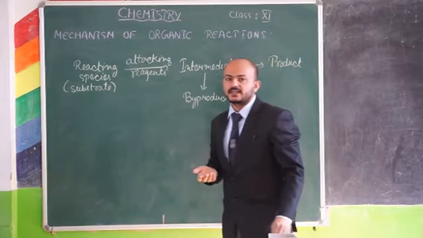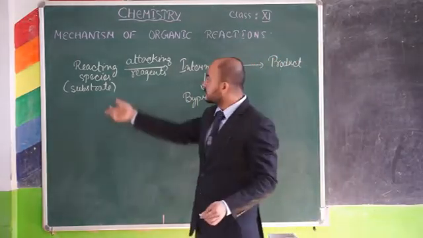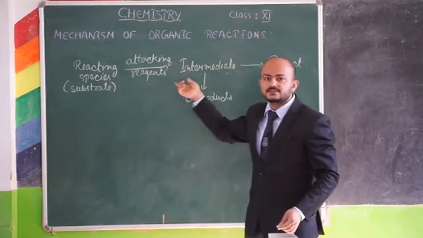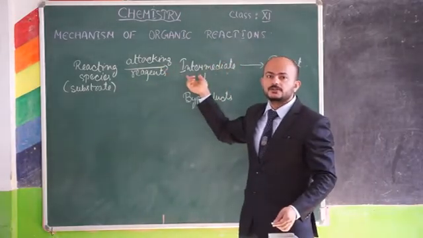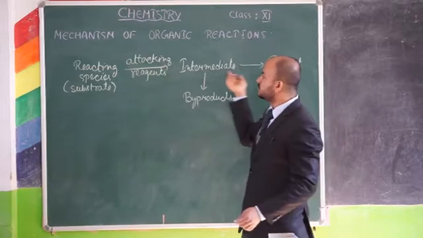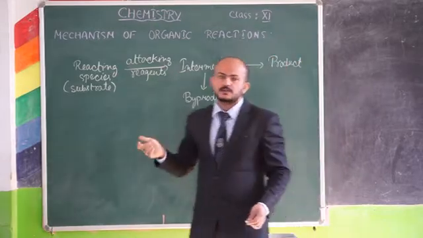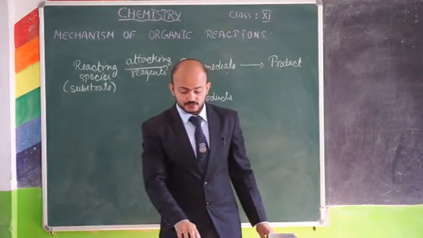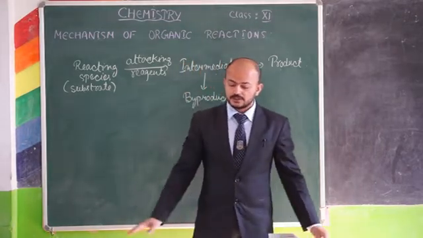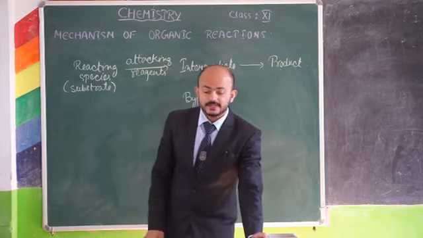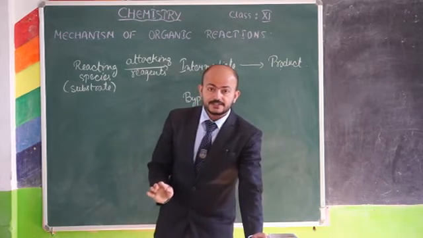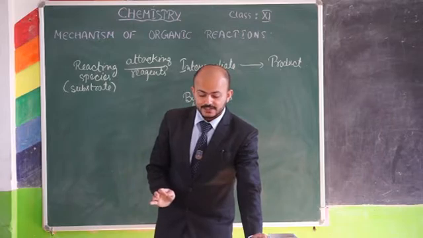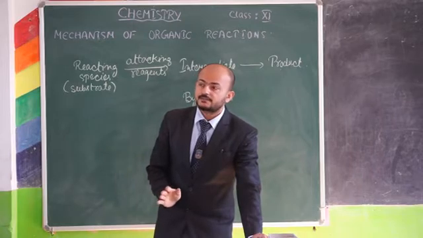So what is mechanism then? Mechanism is nothing but the path or the sequence of reactions it follows before converting into product, known as the reaction mechanism. On page number 12.62 you have the definition: the sequence of steps through which a reaction is supposed to take place is called reaction mechanism.